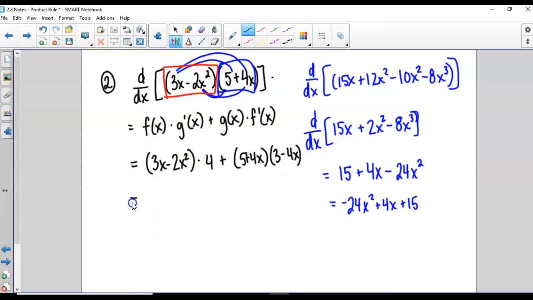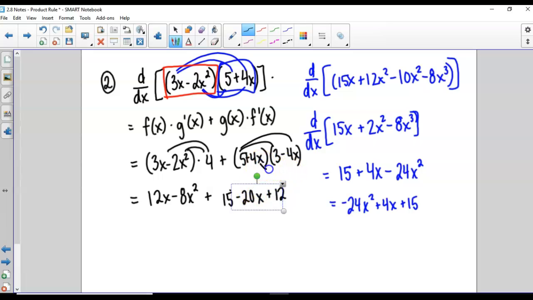And so we would simplify this. We would have to distribute that 4, so we would get 12x minus 8x squared. And then over here, we would multiply together, so we'd get 15 minus 20x plus 12x minus 16x squared. So whenever we combine everything, we could put together this negative 8x squared and that negative 16x squared.